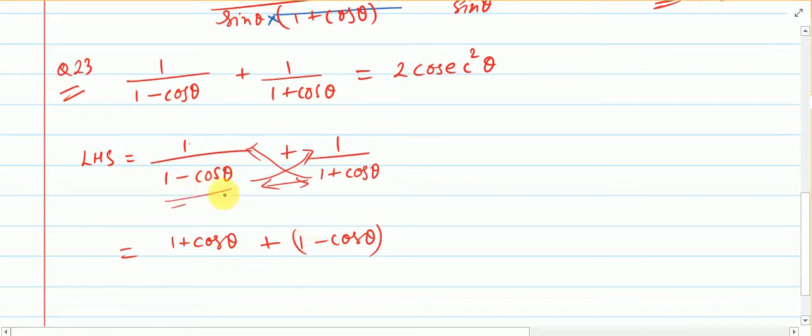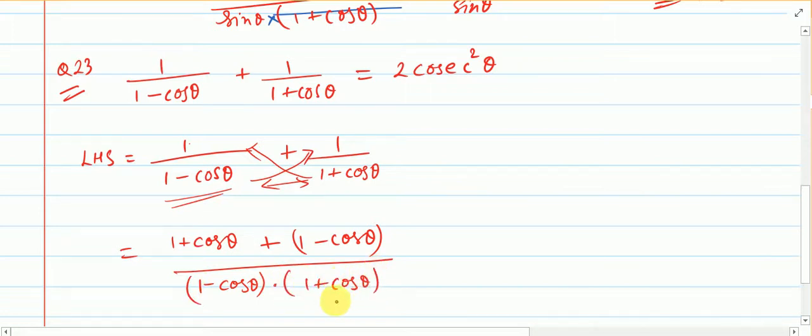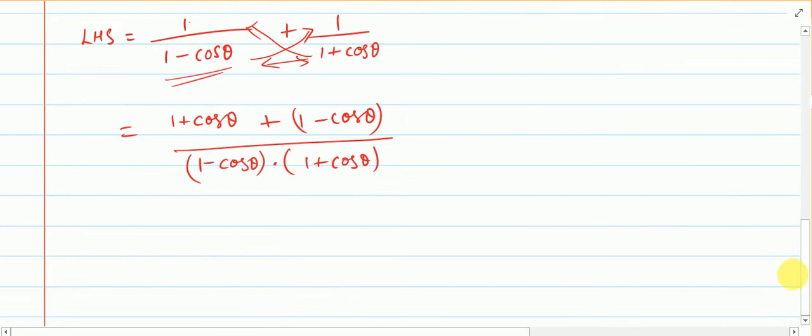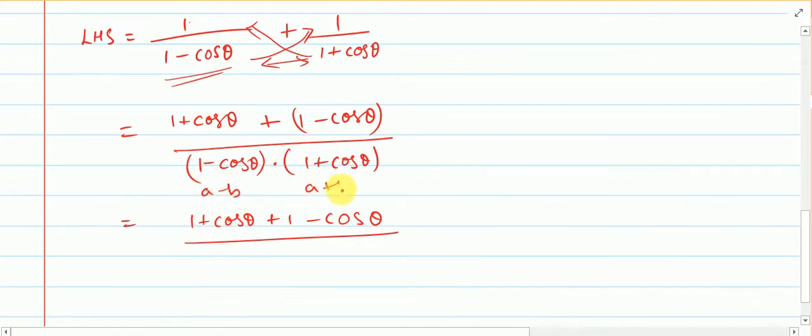This is multiplying the whole thing with 1. Since minus is there, that's why I put it in brackets, and down we are getting (1 minus cos theta) into (1 plus cos theta). So 1 plus cos theta, open the bracket, you get 1 minus cos theta, and down it's like (a minus b)(a plus b).